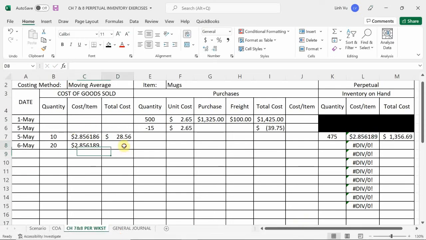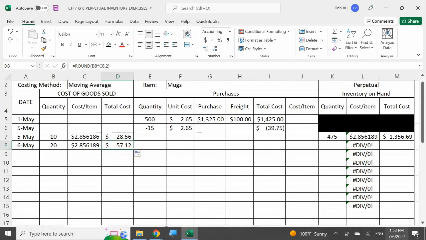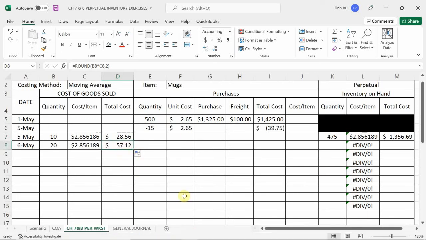Okay. So what is going to be my total cost of goods sold here? $51.12. I read it wrong. Okay. $57.12. Good. All right. 57.12 is what it cost me to sell 20 of those mugs.